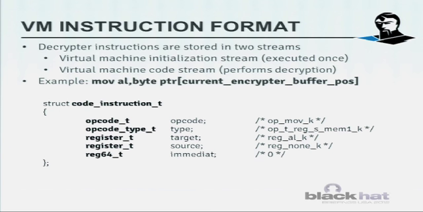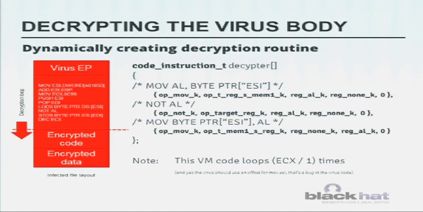The opcode is move. The opcode type: the target is a register because we are moving to AL, and we're moving from the encrypted byte, so the source is memory, and it's 1 byte in size. The opcode target is the AL register. Source is none because we're reading from memory, and we don't have any immediate values.